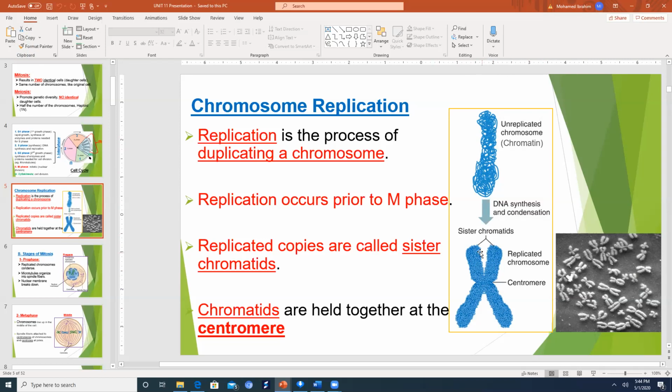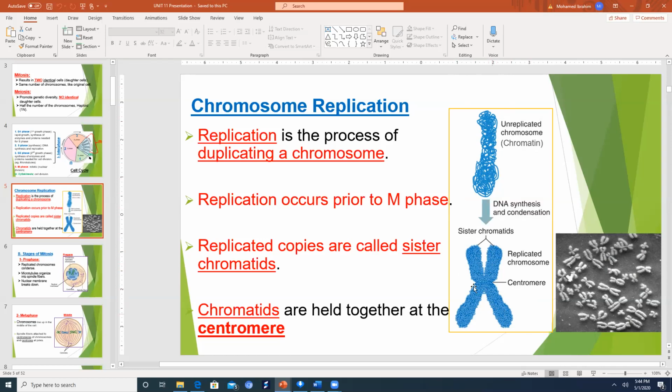Those have identical sequences. Each one of those is made of double-stranded DNA, and those are identical. So looking carefully here, the genetic material is basically going to double.